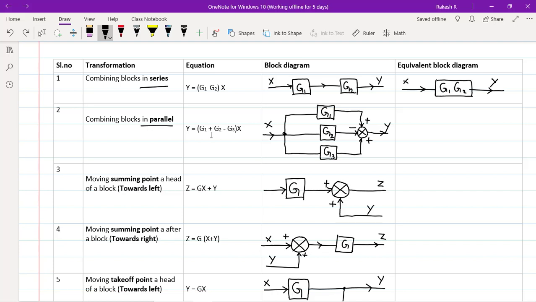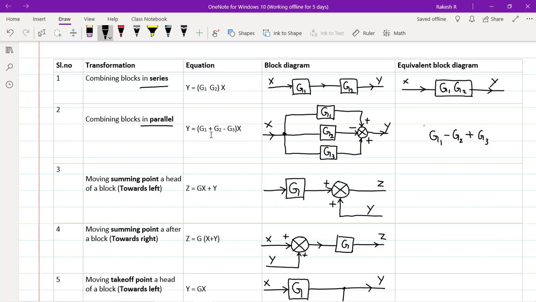So when the blocks are in parallel, what do you need to do? You can add all the blocks because we have a summing point here. Whenever you add the blocks, you need to keep the signs in mind. G1 is positive, so I write G1 directly, G2 is added as negative, so I'll write minus G2, and G3 is added as positive, so I'll add positive G3.